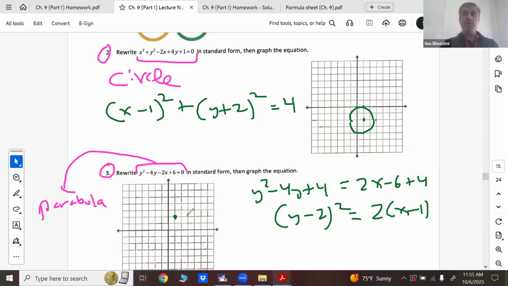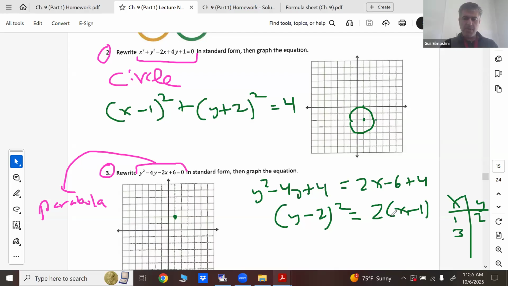How's it open, guys? Left, right, up, or down? One of those four. It's going to open to the right. And the foci would be, actually, we don't need to worry about the foci so much, but if I plug in 3 for x and make a little table, I know (1, 2) is a point.